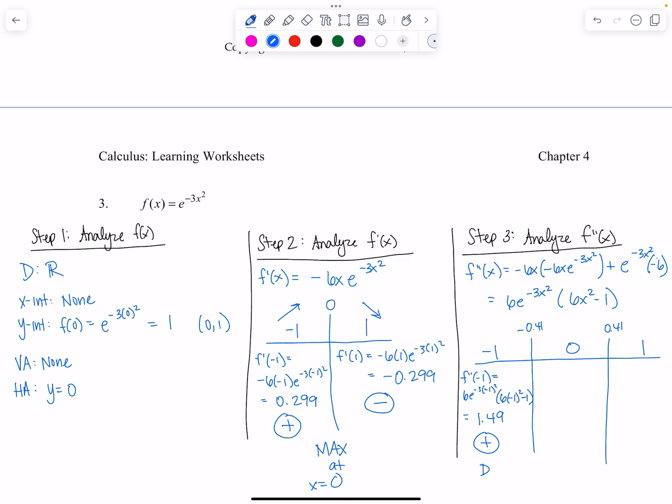Concave up. At 0, we'll have 6e to the -3 times 0 squared times 6 times 0 squared minus 1. So we'll be left with -6. Concave down.